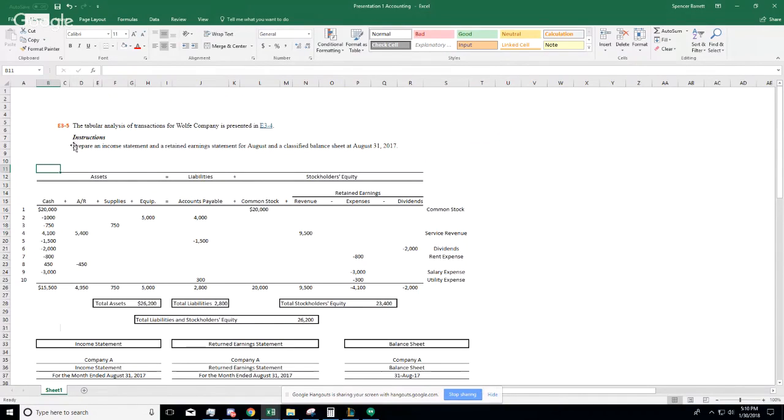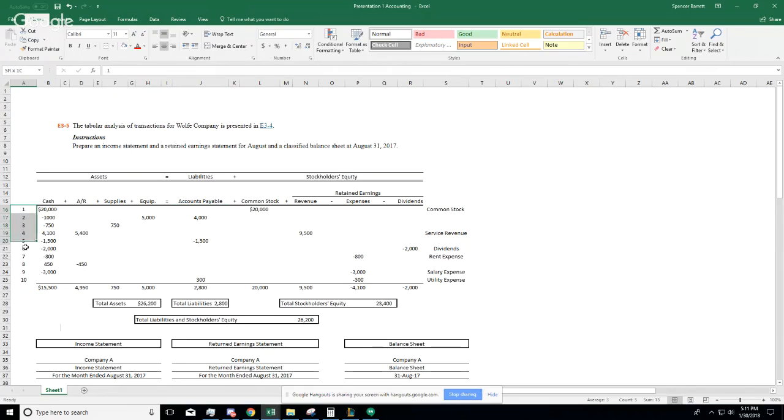So the instructions are pretty basic. We want to prepare an income statement and a retained earnings statement for August and a classified balance sheet at August 31st, 2017. If you did read the chapter, all of this information may make sense to you. But essentially, we need the assets, liabilities, and stockholders' equity.